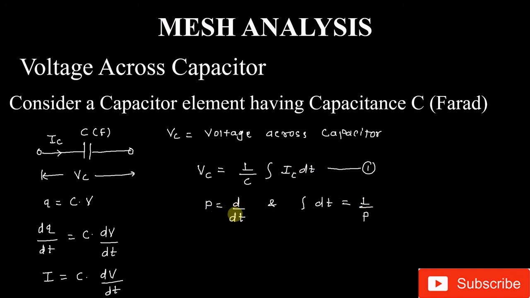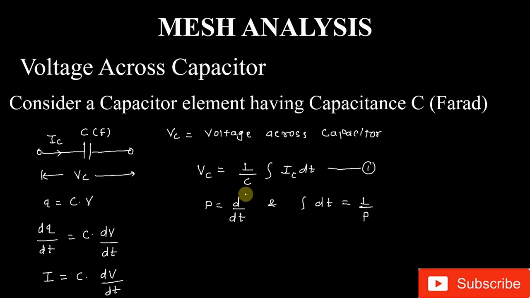If P is equal to d by dt, then integral dt is equal to 1 upon P. Substitute that value in equation 1.